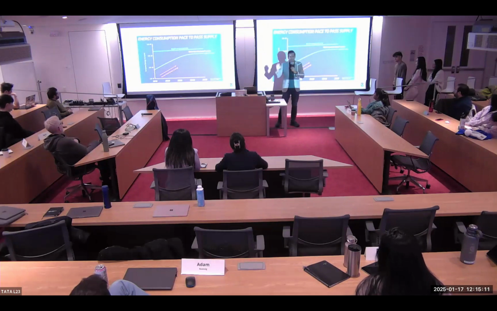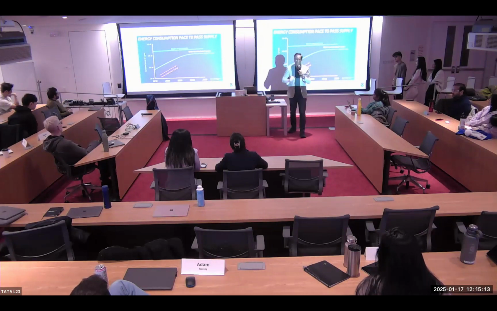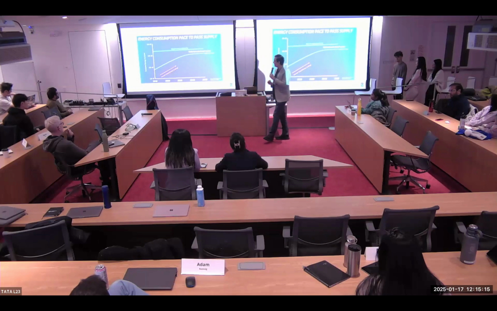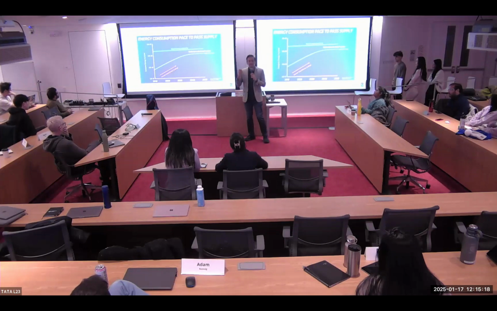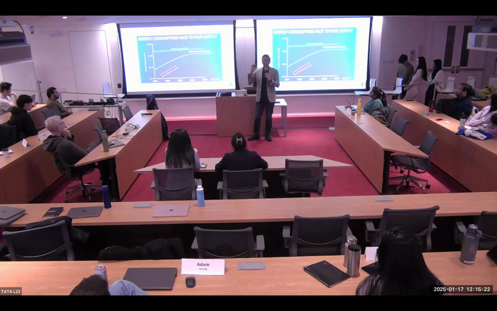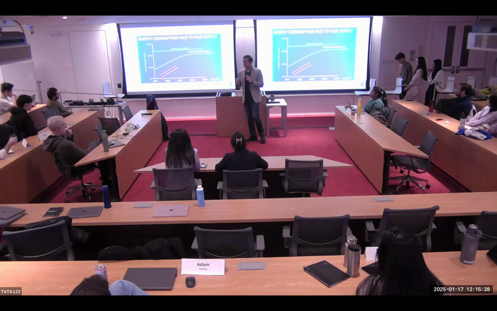Another huge dynamic, which was touched on by the students that came on earlier, is the energy density, the energy needed to drive all this compute is skyrocketing, especially with the advent of neural networks and this machine learning approach to solving problems.